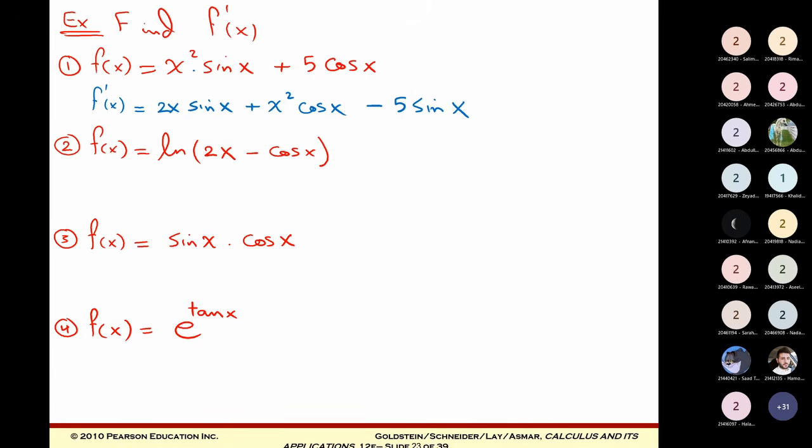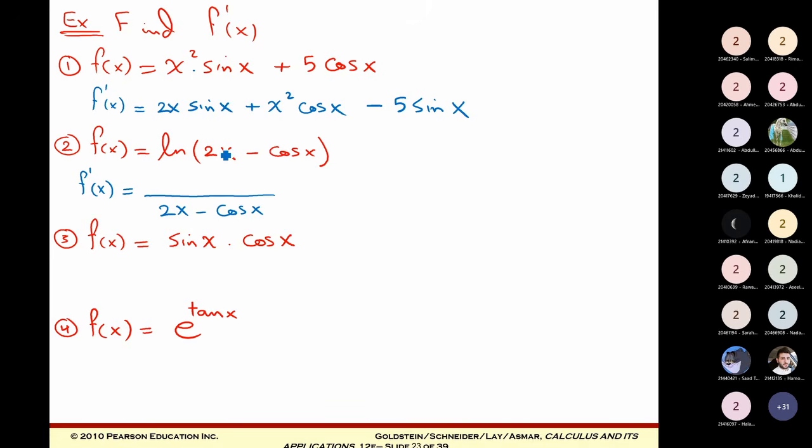Okay, now the second equal the derivative of the ln. We already studied the derivative of the ln in the previous quiz. What's the derivative of the ln? The derivative inside the ln over inside the ln.